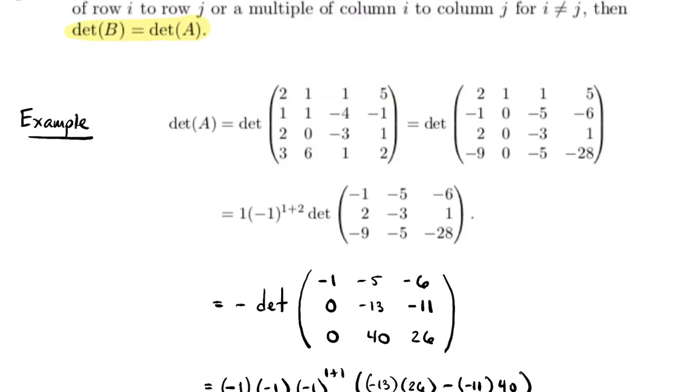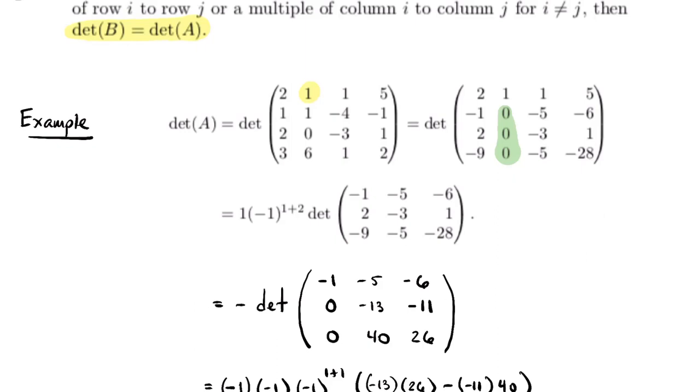The author has taken this 1 in the first row and second column, and using 3 elementary row operations has zeroed out the entries below that. Those are type 3 elementary row operations, so the determinant isn't changed.